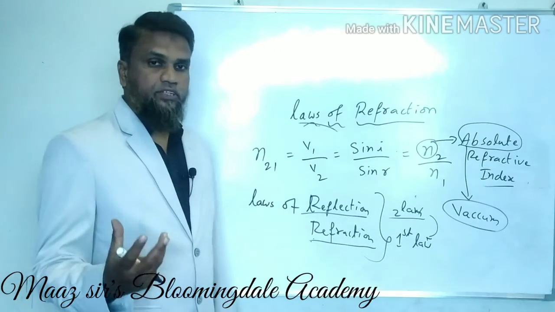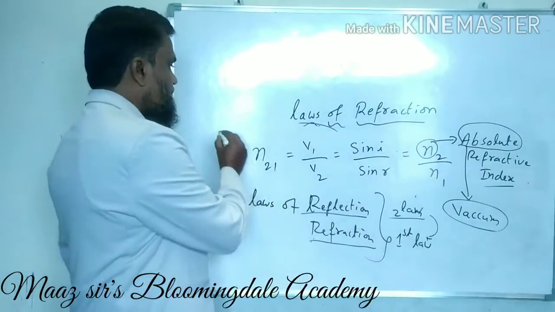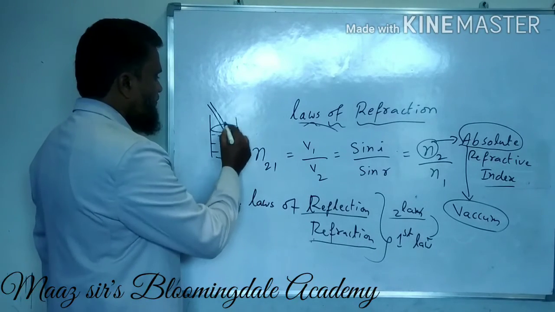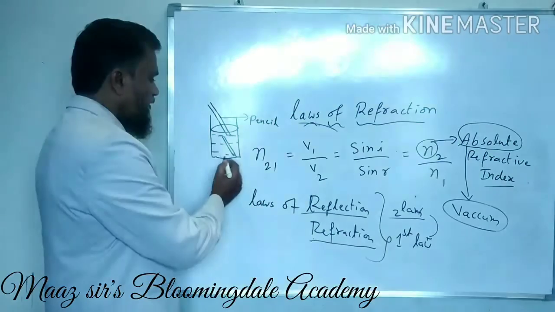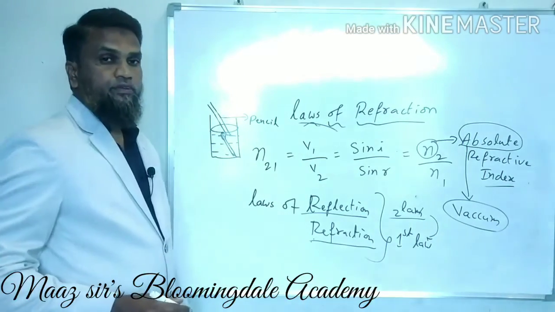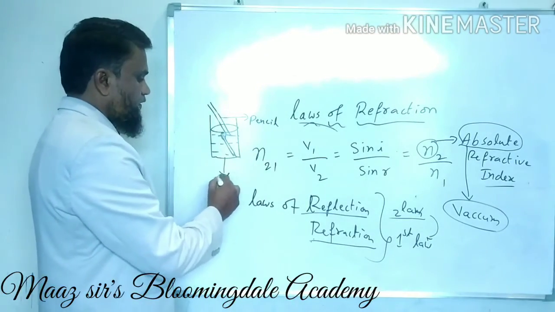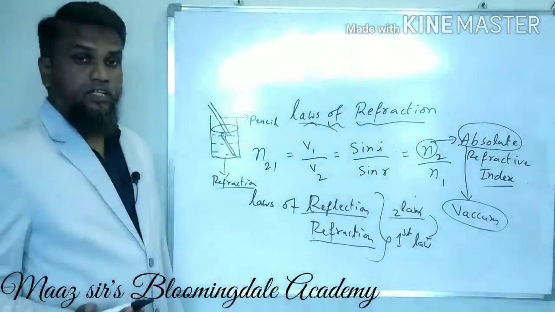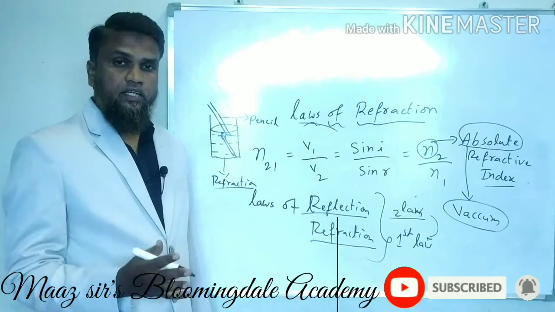So what is refraction? In short, refraction is the bending of light. I take a beaker, fill it with water and dip a pencil into it. You will observe that the pencil appears bent. Actually it is not bent; it appears bent because of refraction. So why does this bending take place?